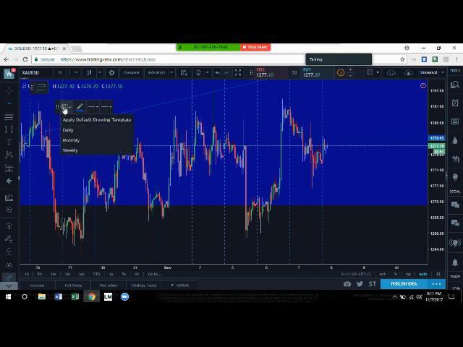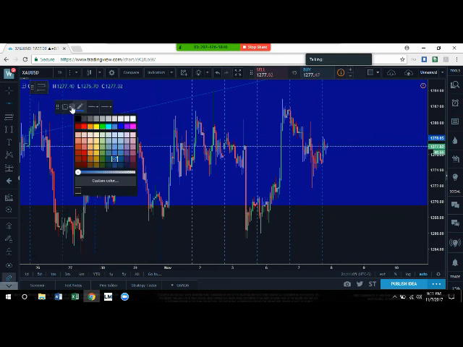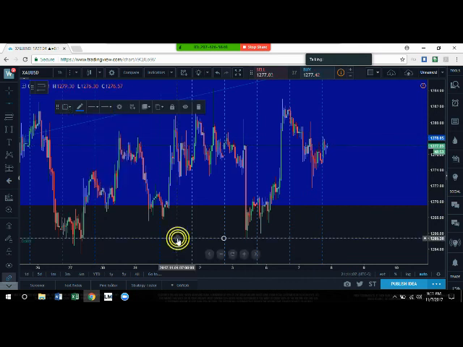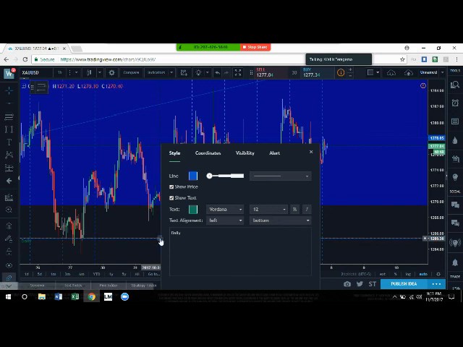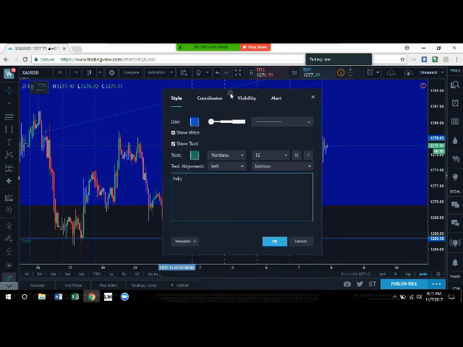Whatever you want to type, just put it right there. Come down here to template, click save as. It's going to save as whatever you want to name it, but whatever you type in here is going to show on your chart. Okay. Cool. And this is on TradingView, right.